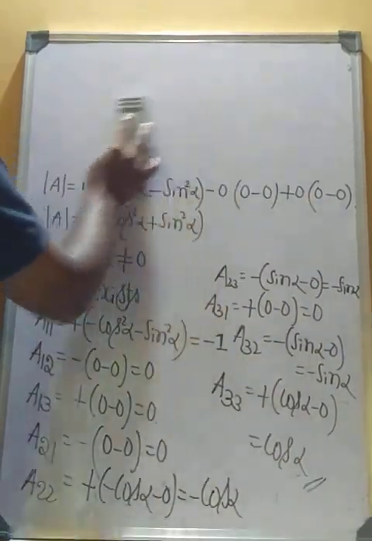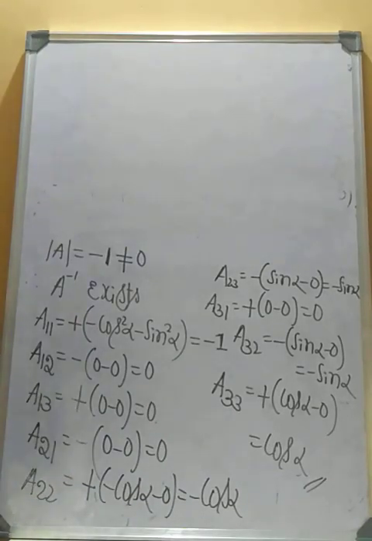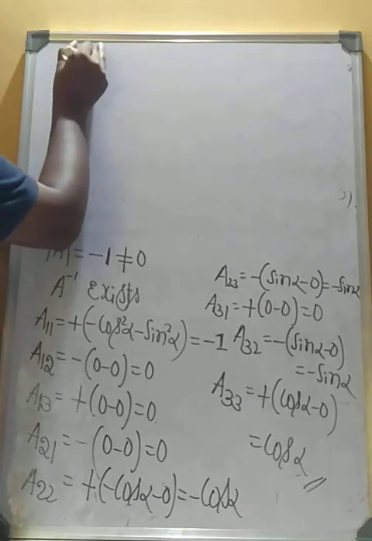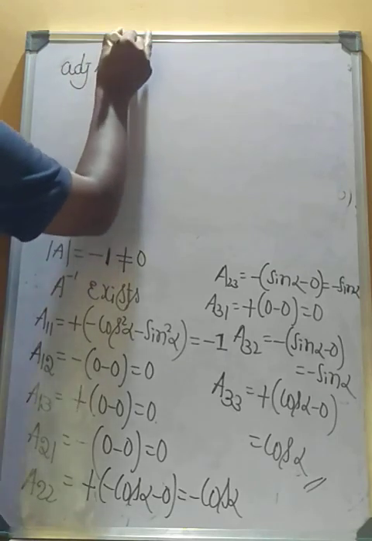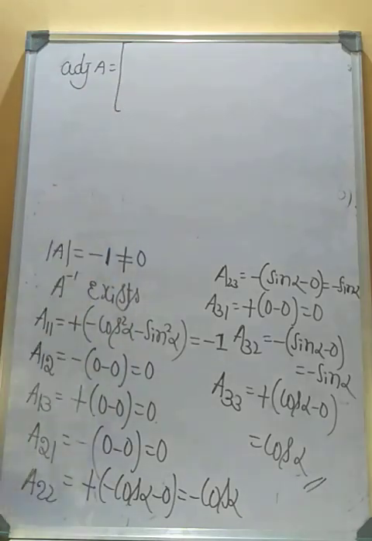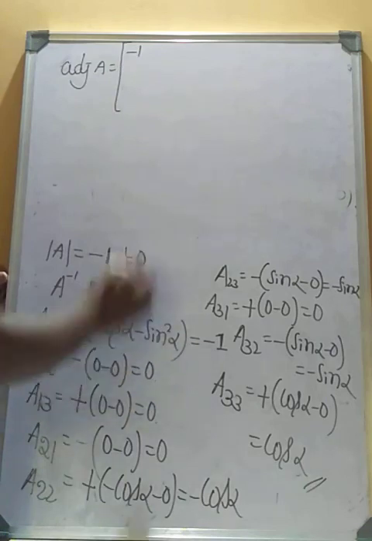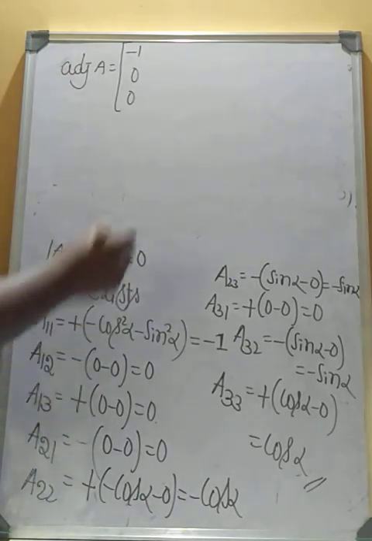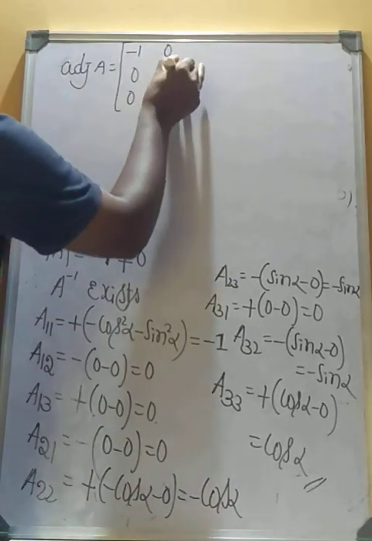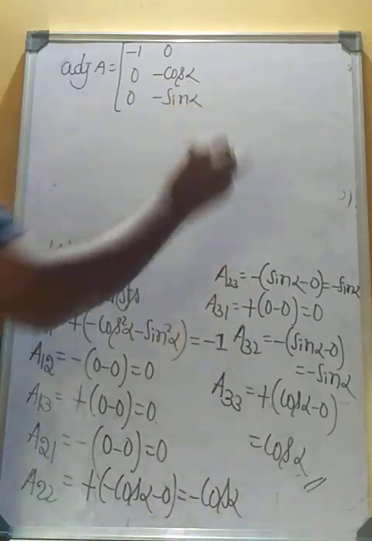Adjoint A is equal to the first row elements cofactors, write in first column, that is minus 1 0 0, and second row elements write in second column, that is 0 minus cos alpha minus sin alpha.